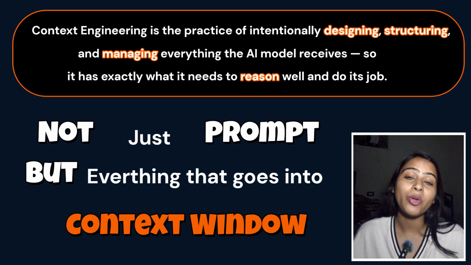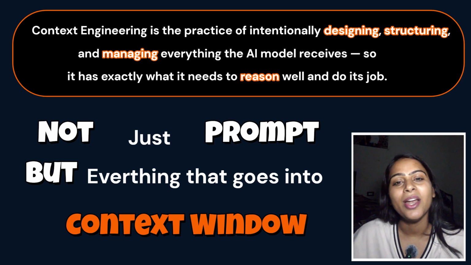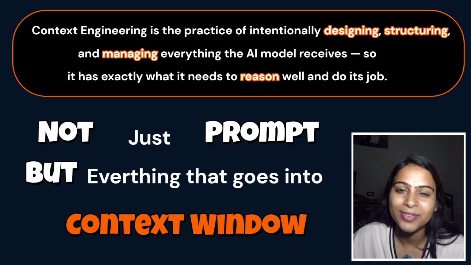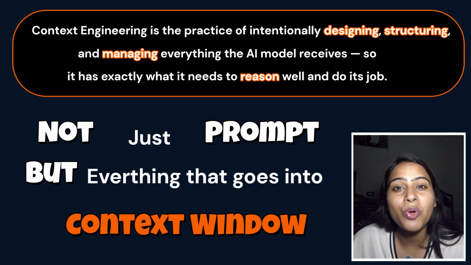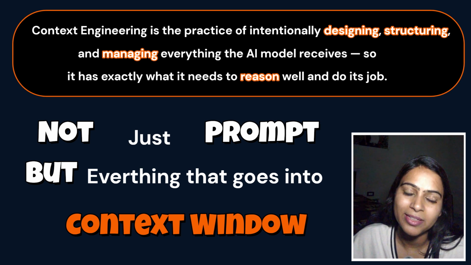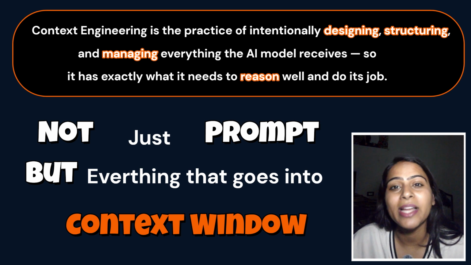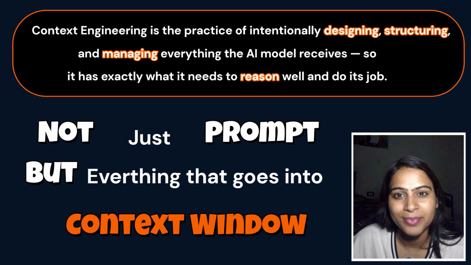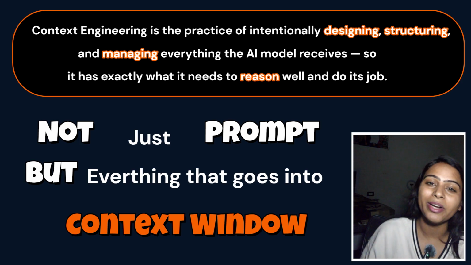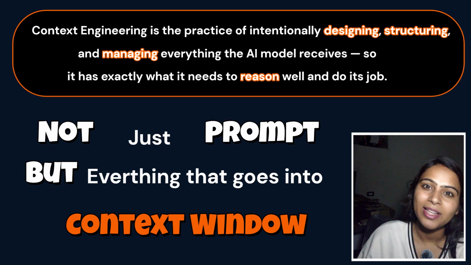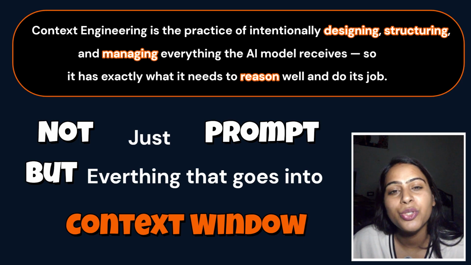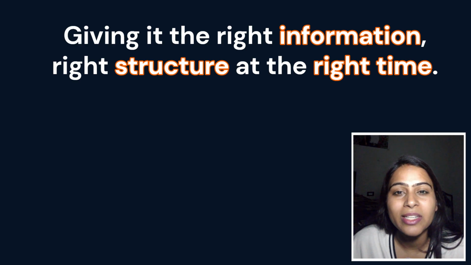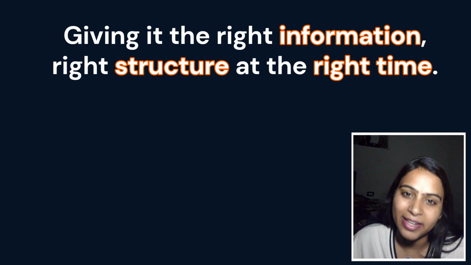How good is their work going to be? Not great, right? And it's not because they are not smart. It is because you didn't set them up to succeed. That's what context engineering is. It's being a good manager to your AI, giving it the right information, in the right structure, at the right time.